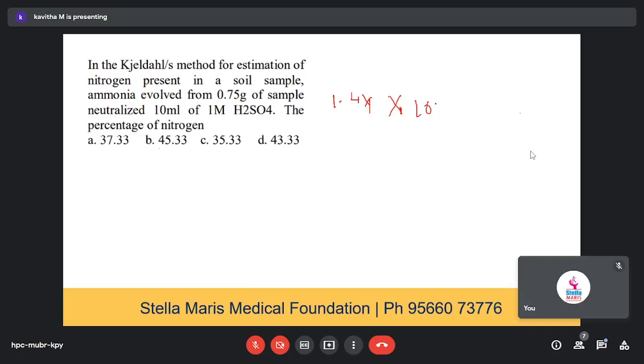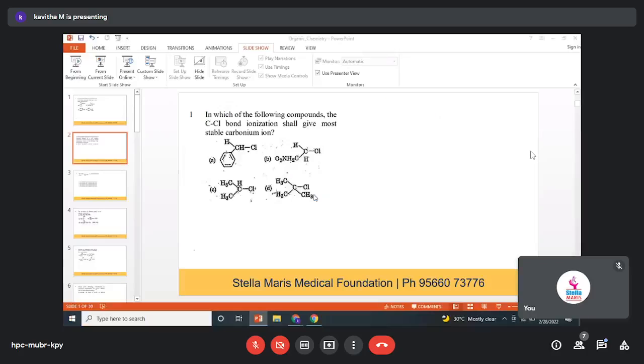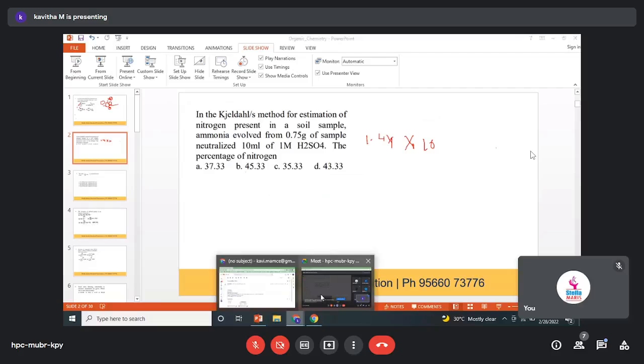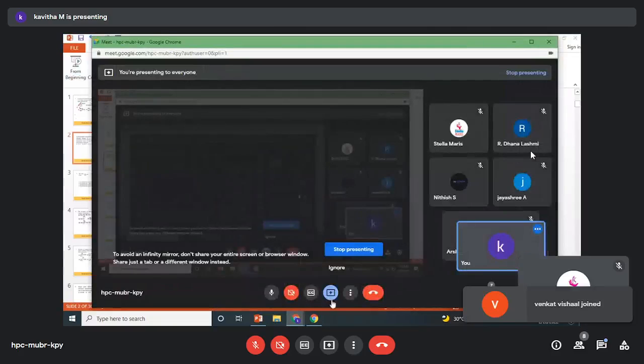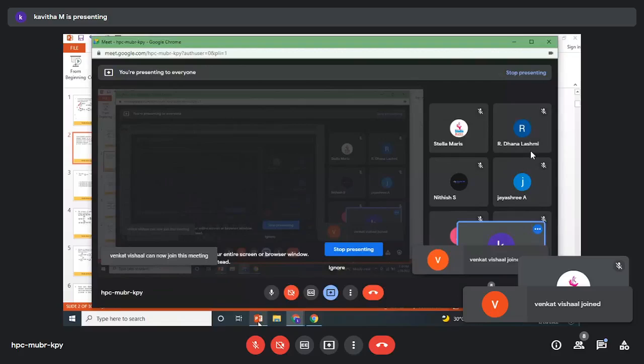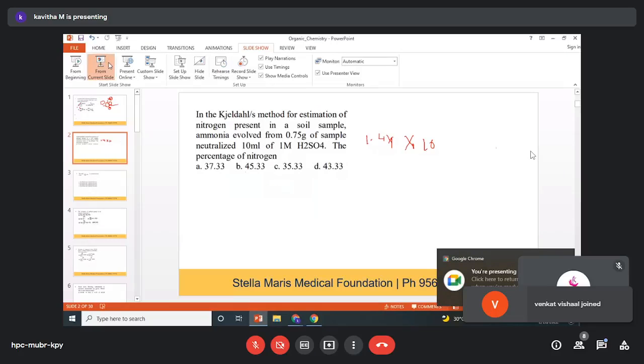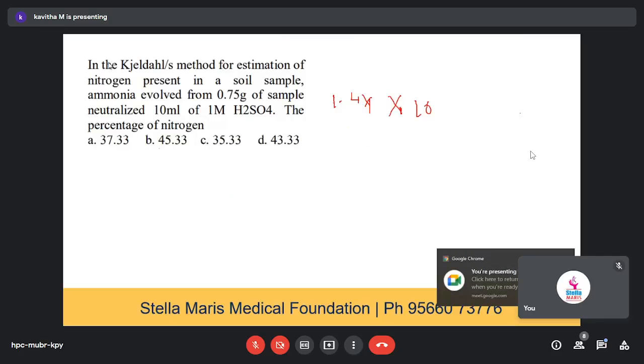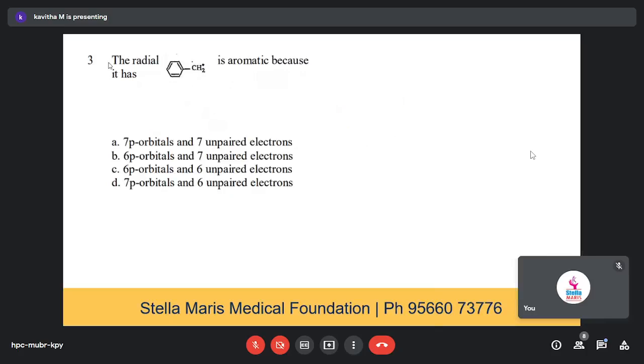That is option B, 45.33. Since it is two times, you'll be getting that one. So it is 45.33 answer.